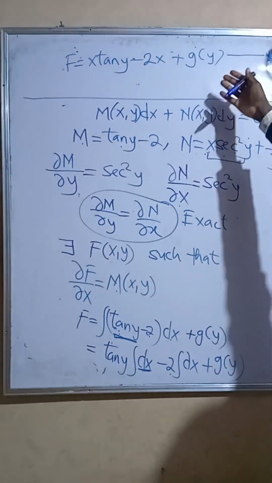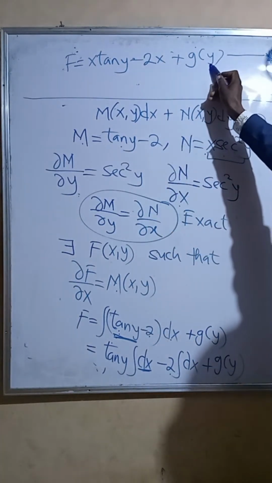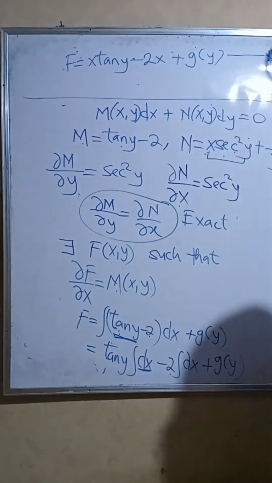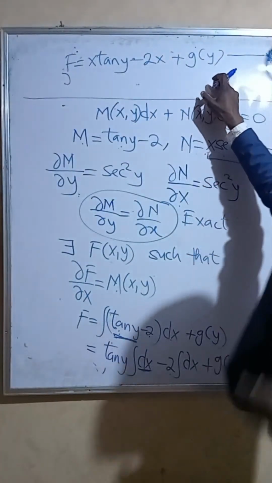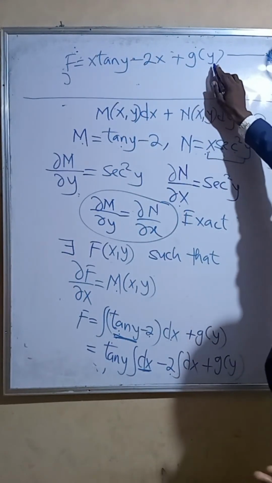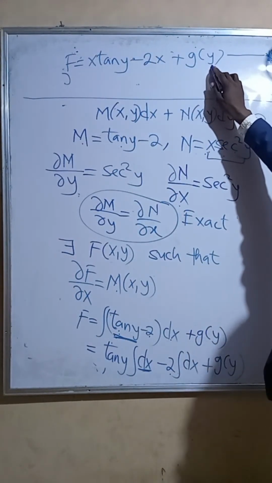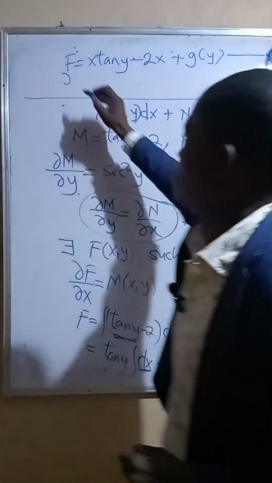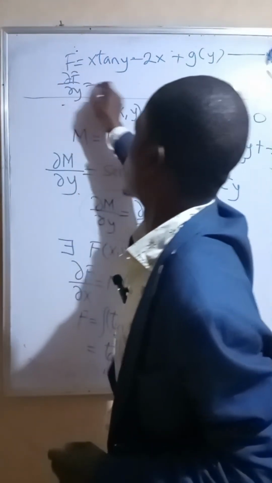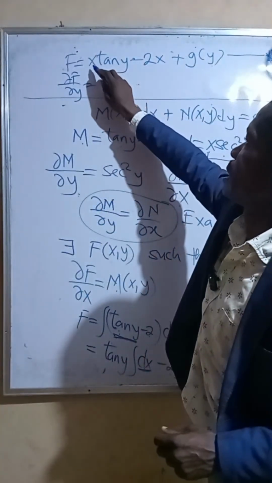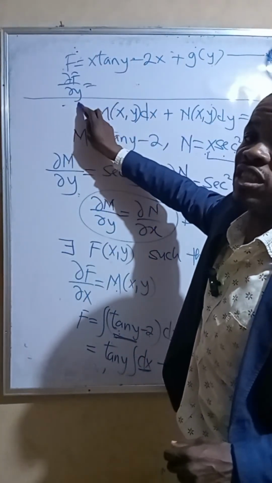Then differentiate this equation with respect to y. The partial derivative of f with respect to y is equal to, you have two functions there, x and y, and you are differentiating with respect to y.